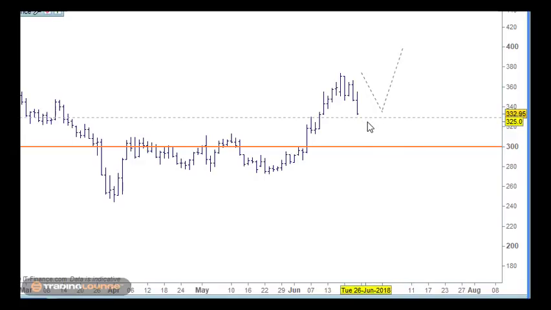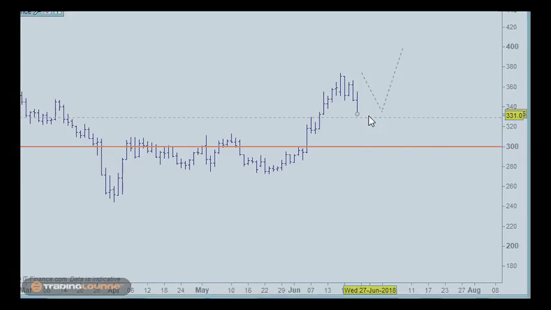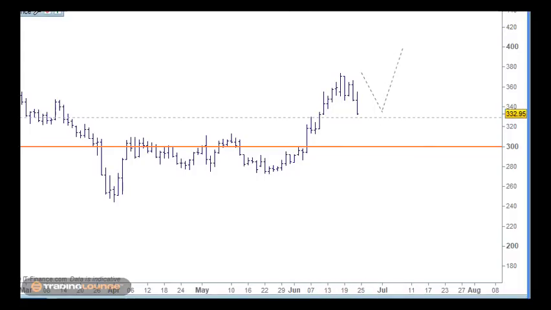So I would expect to bounce off the 330. We are long in here. We've taken profit along the way, and once this finishes its turn, then we will look to go long and build back into this trade for the next structure to the upside.